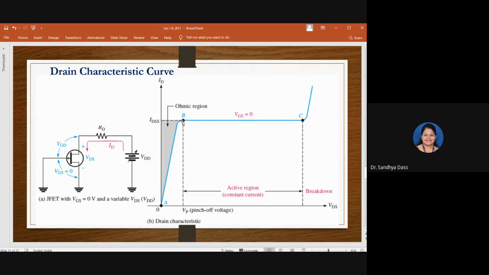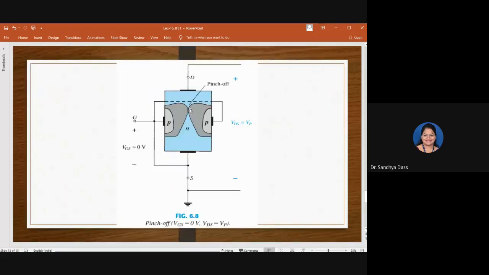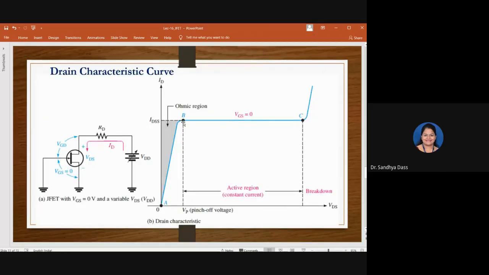This curve in the plot indicates that the resistance is increasing. Pinch off voltage is nothing but the condition when both the depletion regions touch each other. At that point, as I mentioned, there will be a constant drain current.